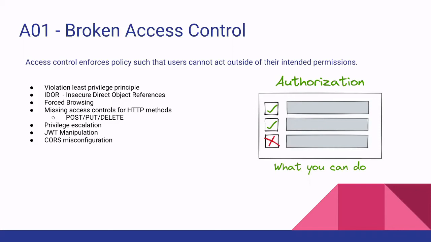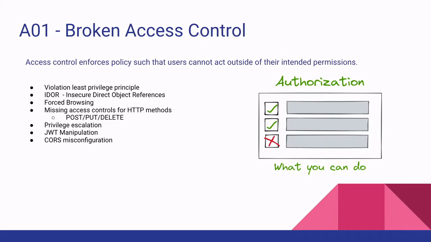Similarly, access control needs to be applied to the HTTP methods. Typically we use GET and POST, but PUT and DELETE should also be taken into consideration when you have an access control policy. Because if you only implement it on GET, the bad actor might try using other methods to access the data. Privilege escalation has two types: horizontal and vertical.